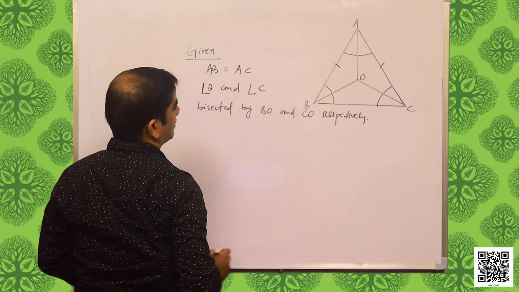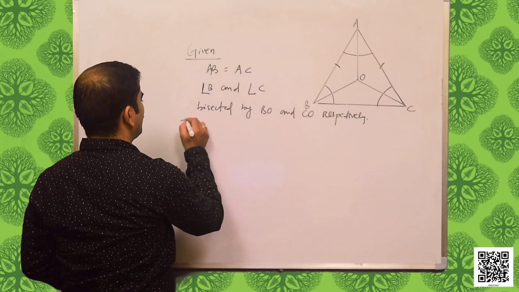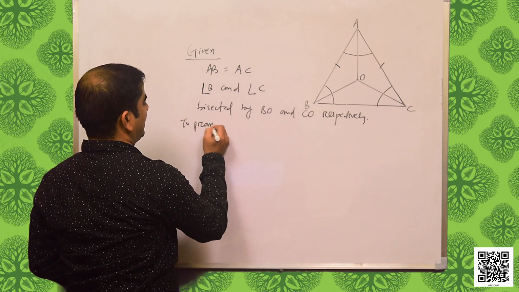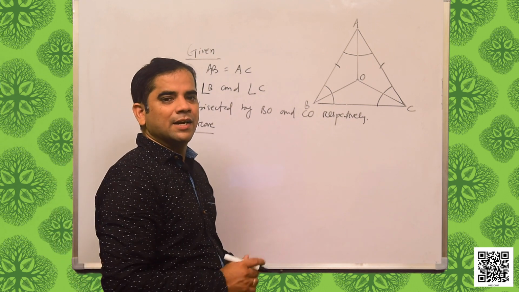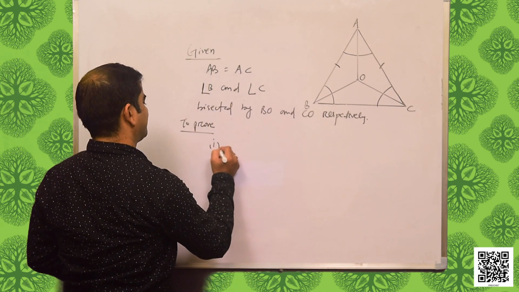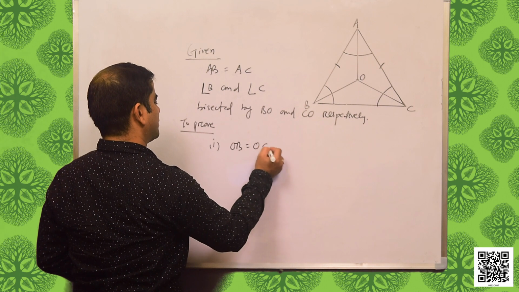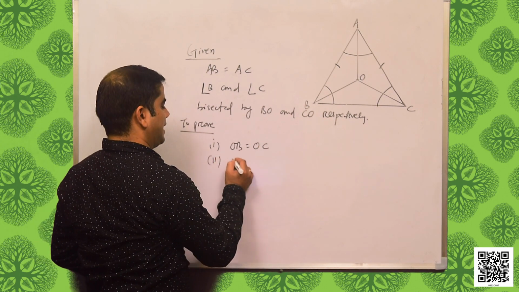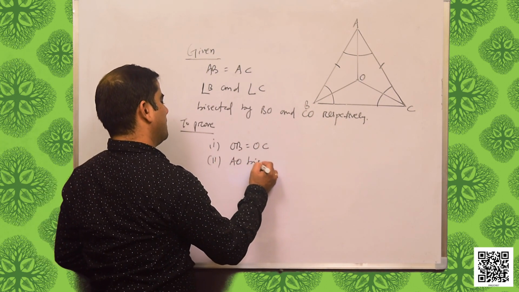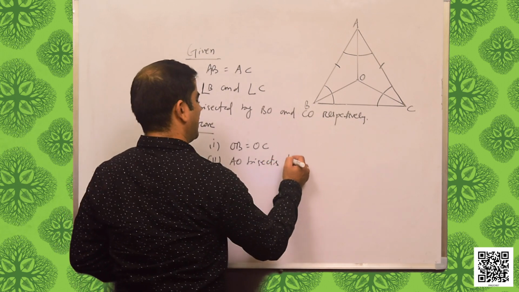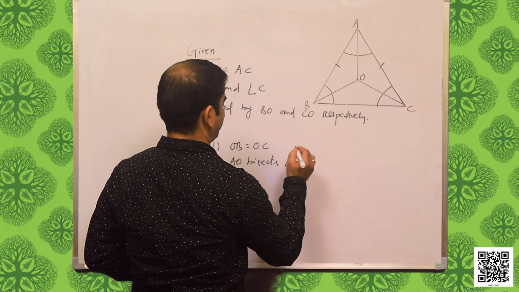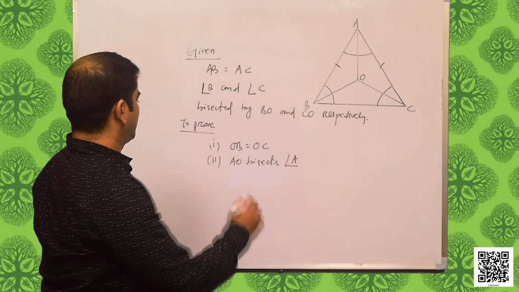Now, what do we need to prove? First, OB is equal to OC, and second, AO bisects angle A. Okay, let us prove.